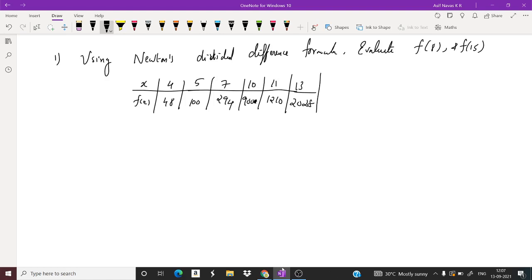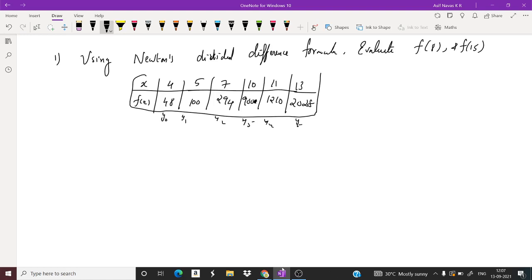So here the intervals are unequal: 5, 4, 7, 10, etc. So we have unequal values, and y0, f of x0, this is y0, y1, y2, etc., up to y3, y4, y5.